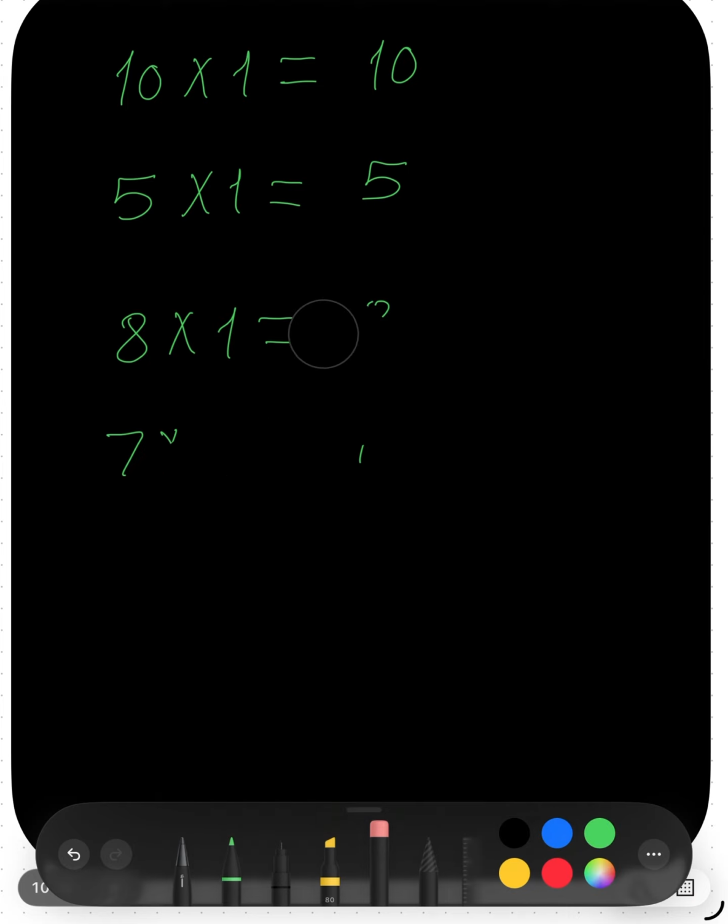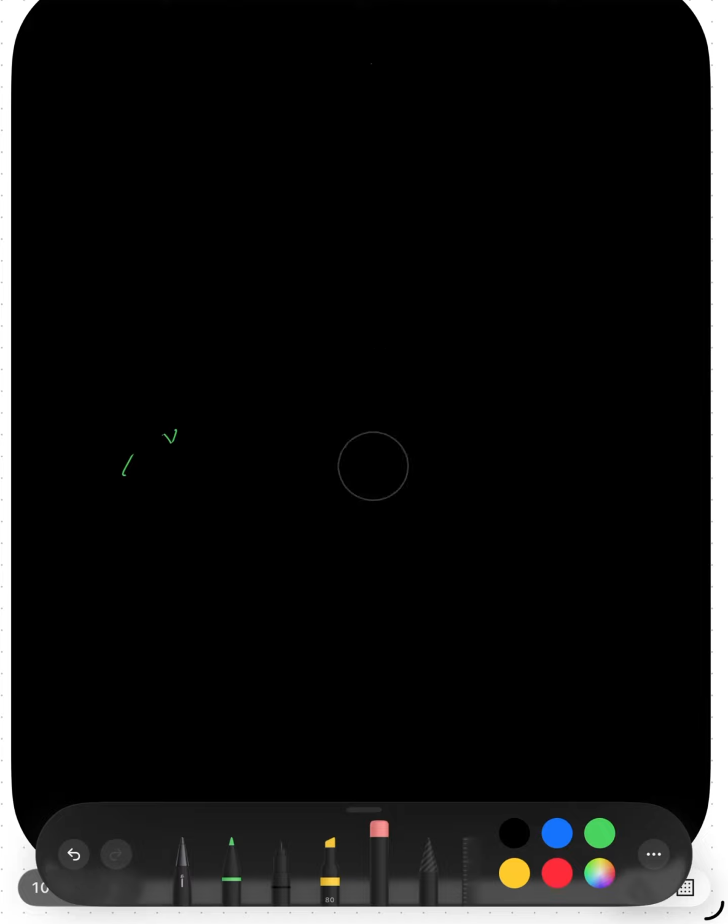What about the commutative property of multiplication? If we have 5 times 2, it is the same as 2 times 5, which means that when we change the two numbers, the result will be the same.